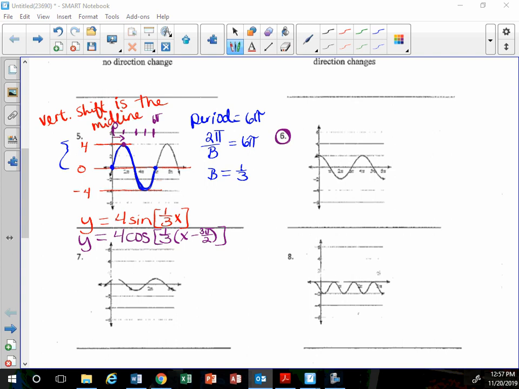It's six of them. Do you see how it has a maximum on my axis? You can do it as 9. I would do it as 9.